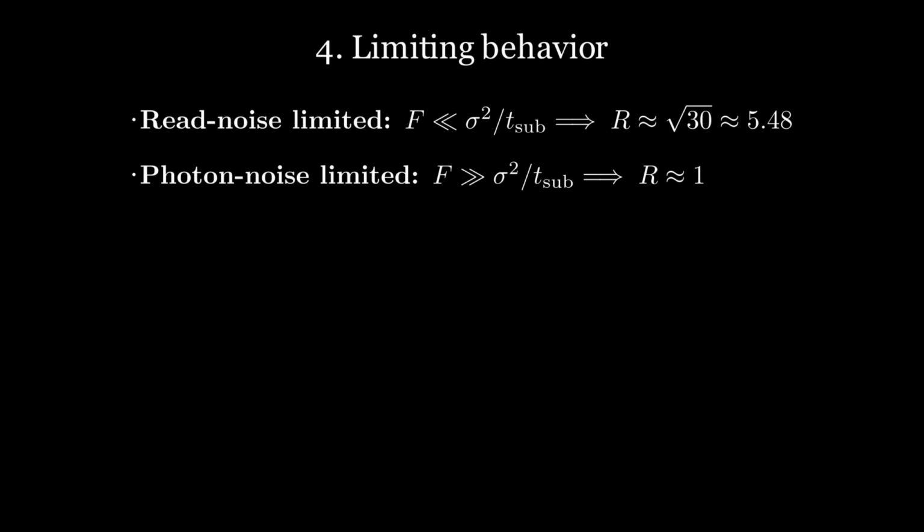Now the limiting behavior, when your incident flux is much, much less than your read noise squared, so we're in the read noise limited regime, the ratio between the two is going to boil down to, in this case, the square root of 30, which is the square root of the long exposure divided by the short exposure. So in this case, about 5.5.